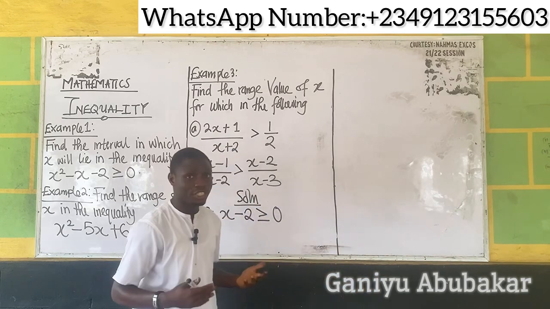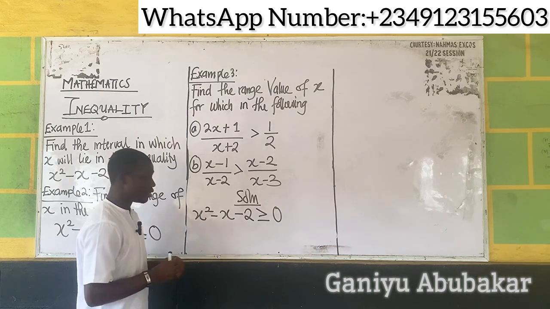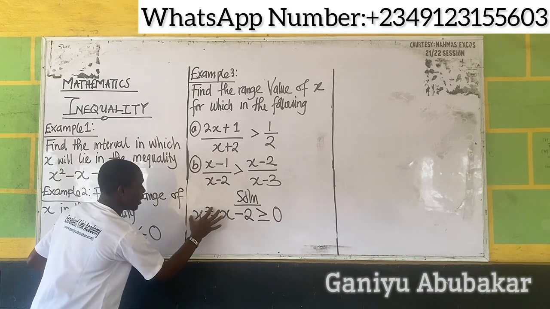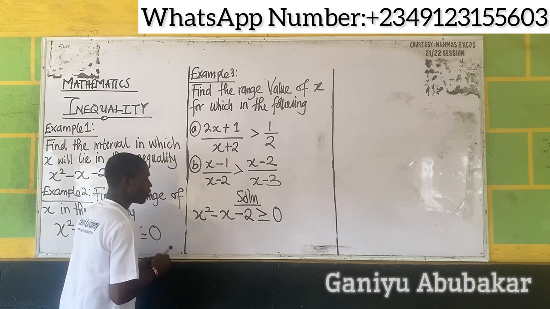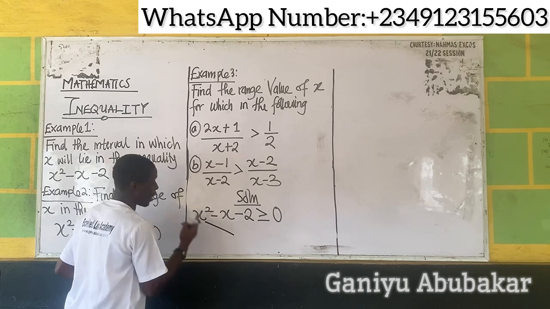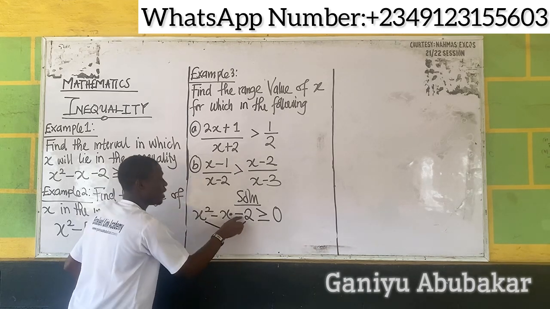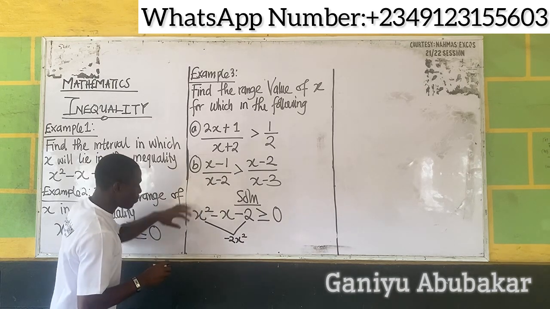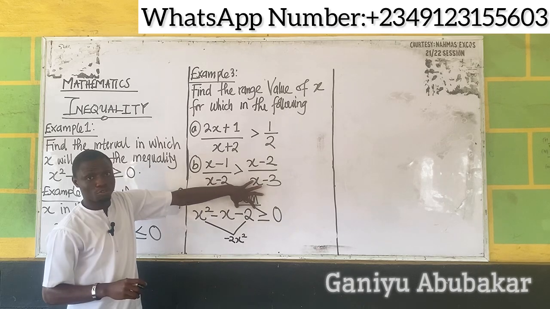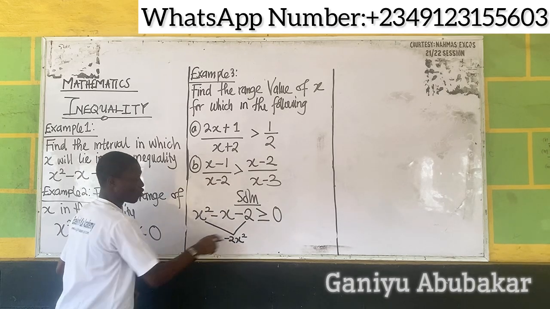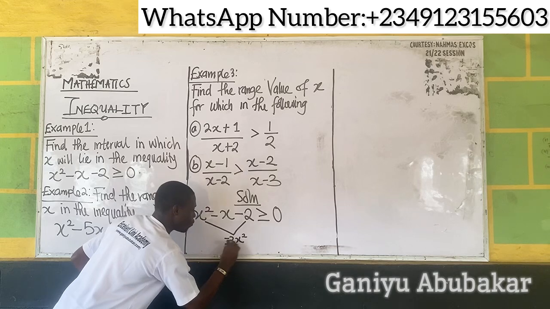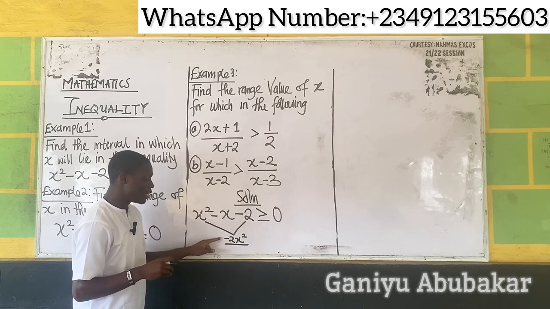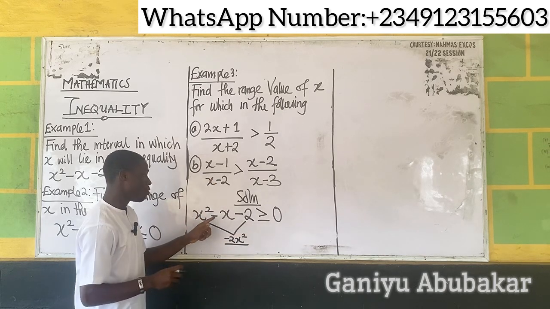But for teaching's sake, I'll show you how you can factorize this. Your first priority is to multiply the x squared with the last term, negative 2, which gives minus 2x squared. So I multiply the first term and the last term together. Then I look for two values that when multiplied give negative 2x squared, and when added give minus x.